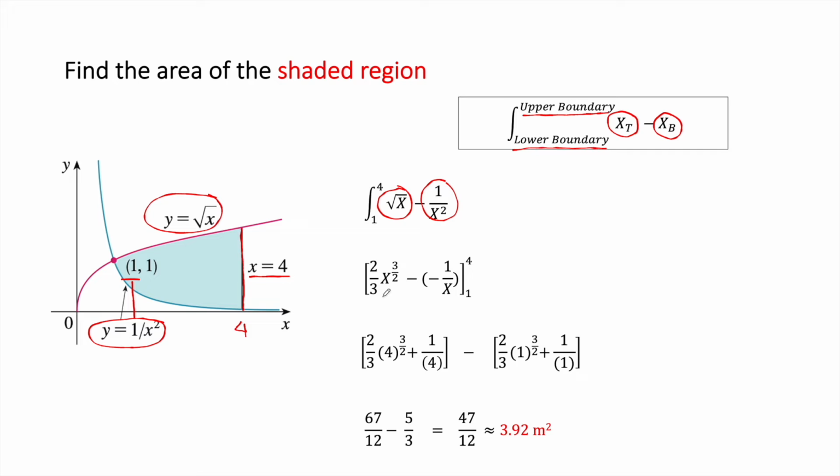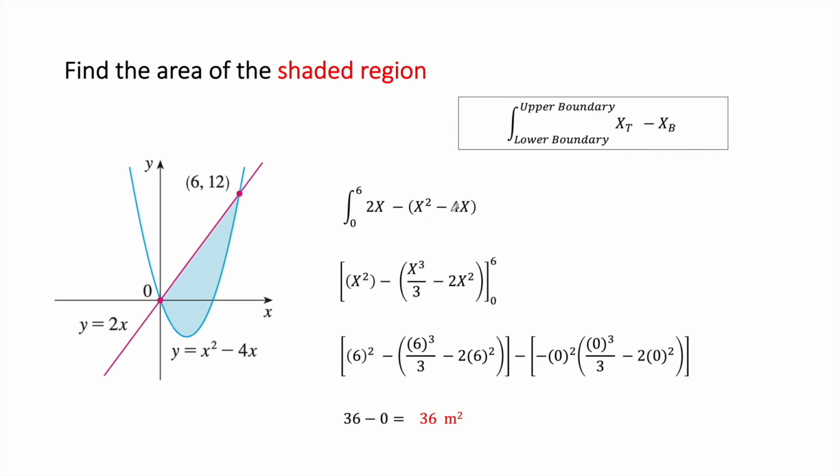So doing that, we get the integral, which is fairly simple to do with the upper and lower boundaries, and you just input them into this equation. You eventually get the fractions, and finally, if you do this, you get the area of the region, and it's 3.92 meters squared in this case.